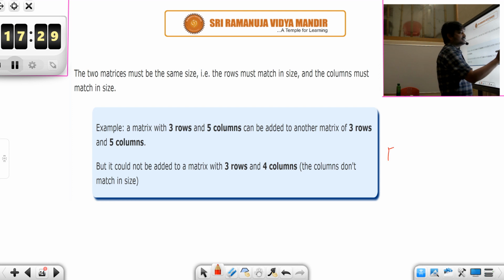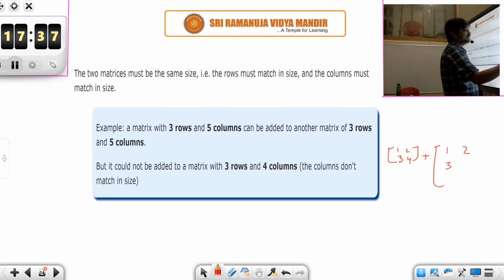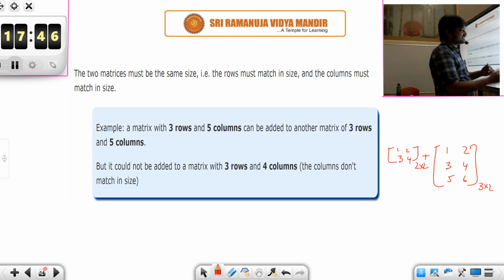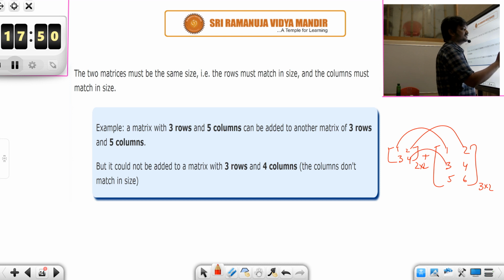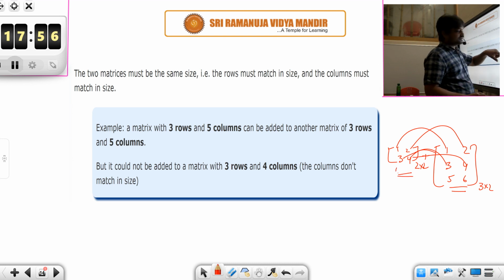Say, for example, consider a 2 by 2 matrix, plus a matrix with 3 rows and 2 columns. We have said that addition means you should add the elements in the corresponding positions. But here 2 elements are left over, because those elements are absent in the other matrix.